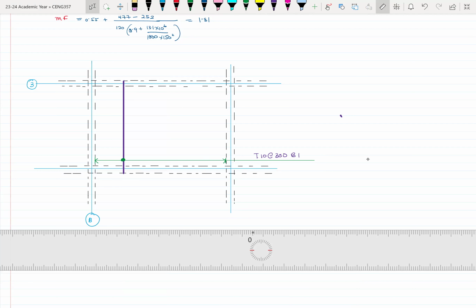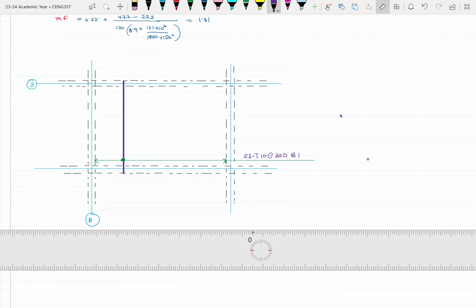So 7,000 divided by 300, and that should give us roughly about 23. So this is 23 of them, right? Even though it's going to be less than that because you have to subtract the extra. If you know the width of the beam, you take that away from the clear span, and then you can find how many you need. All right.